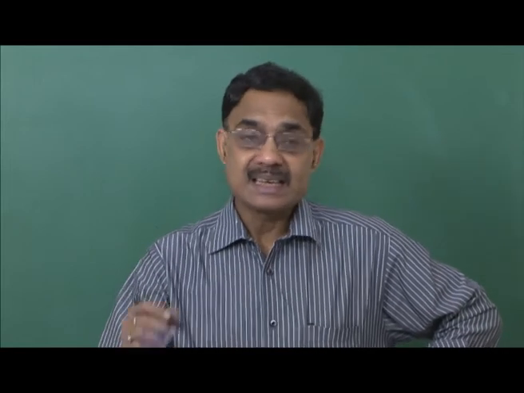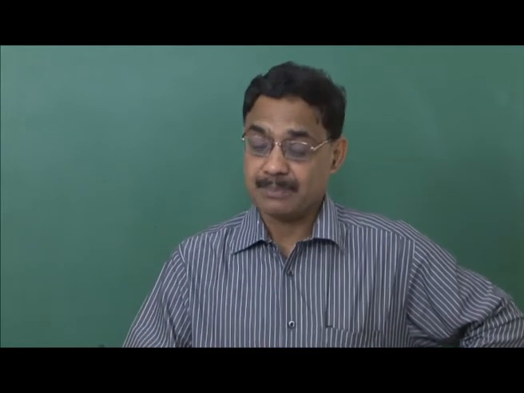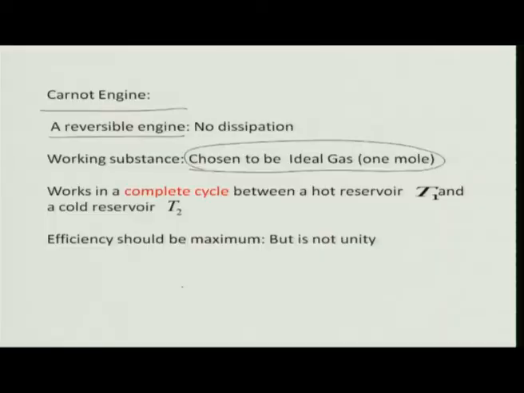In that case, the calculation becomes very simple. The engine works in a complete cycle. What was important? There was a hot reservoir at a temperature T1 and a cold reservoir at a temperature T2. Efficiency should be maximum, but we calculated the efficiency, and it was not unity.